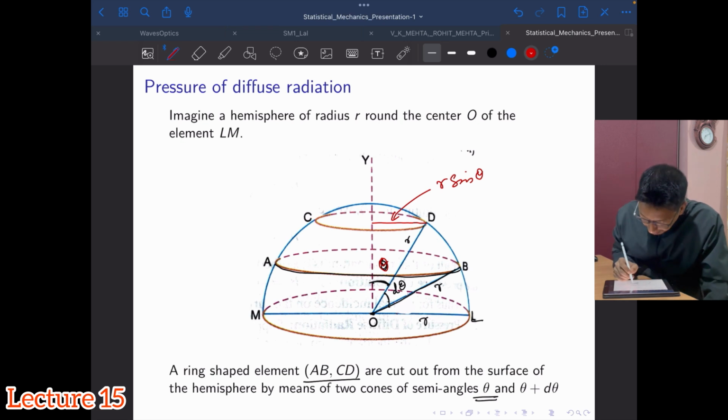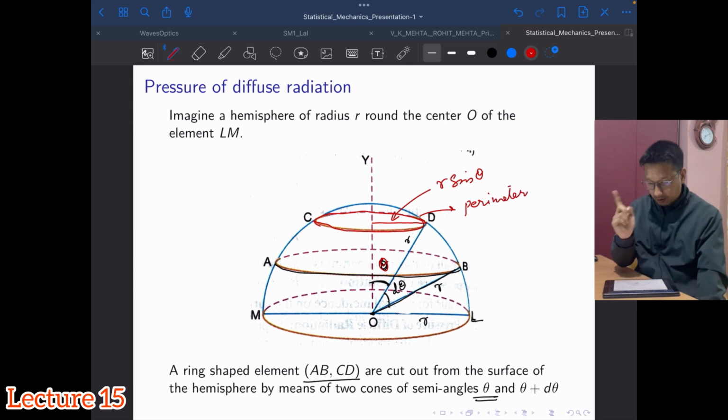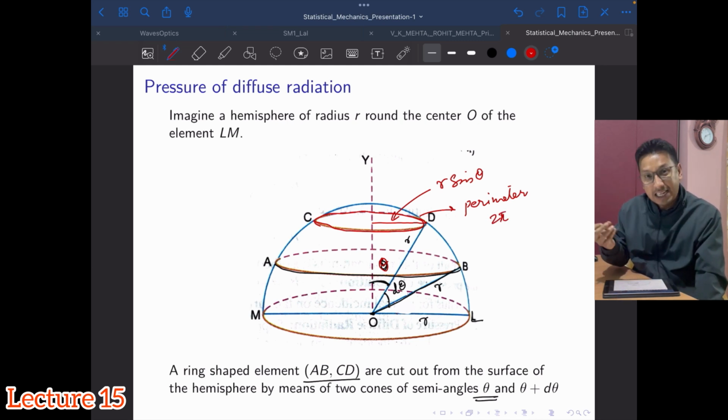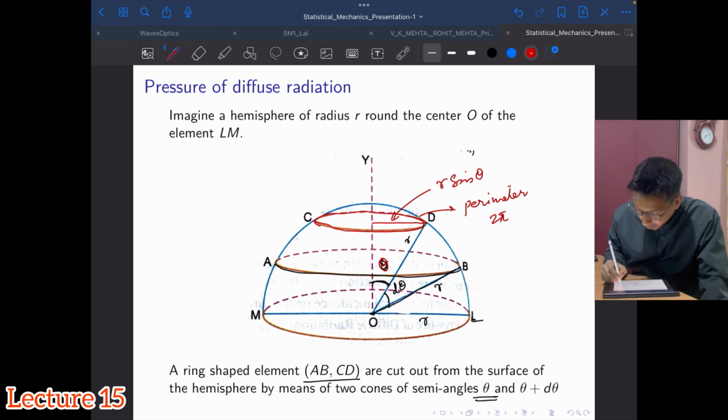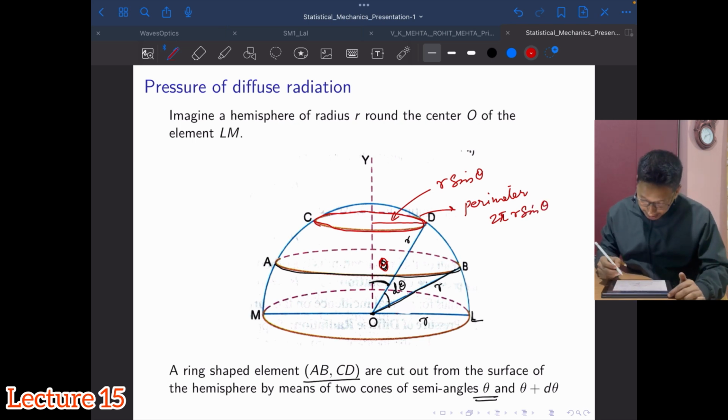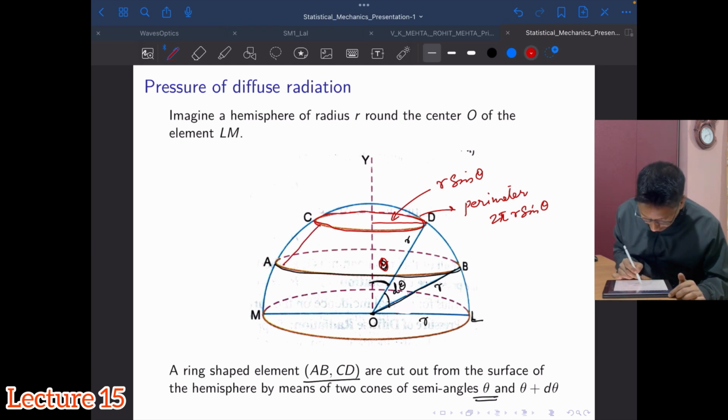The perimeter of this circle, inscribed on the surface of this hemisphere, will be 2 pi times the radius, and the radius of this circle is R sine theta. Why am I doing this? Because I will be using these things. Basically I am just trying to calculate the area of this ring.